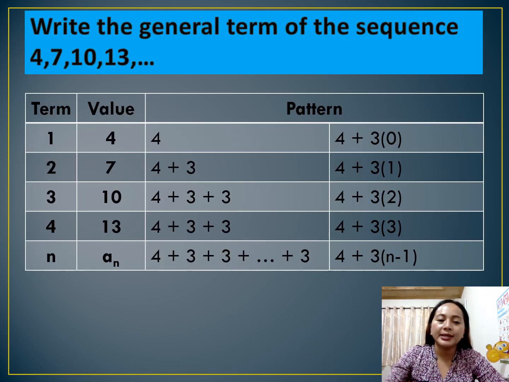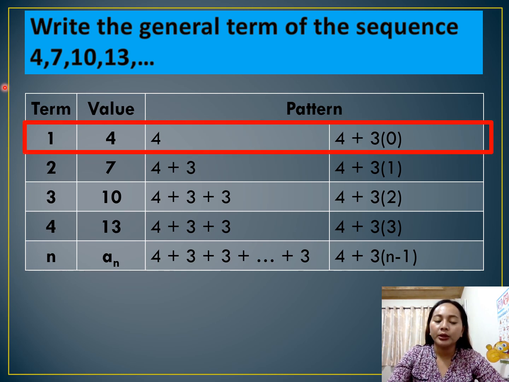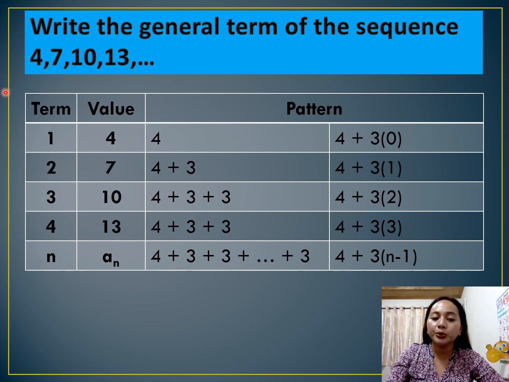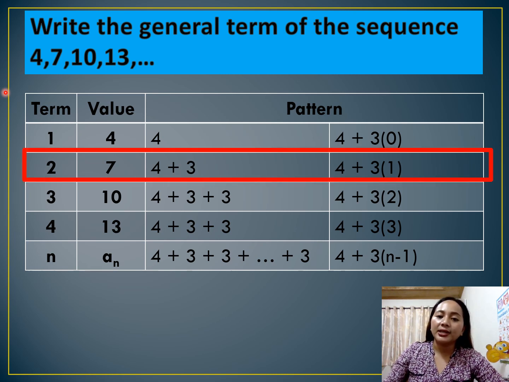To do that, let's have this table containing term, value, and pattern. Under the first row, the term is 1 and the value is 4. That means that the first term is 4. On the next row, the term is 2 and the value is 7 because the second term of our sequence is 7. And under the pattern column, we have 4 plus 3. 4 comes from the first term of our sequence.